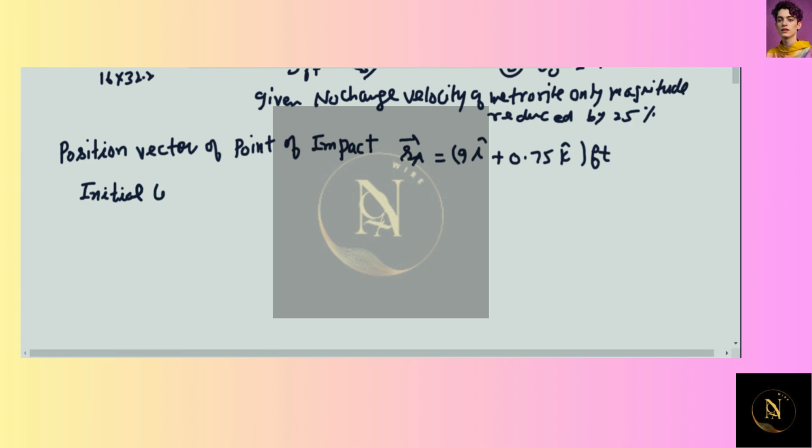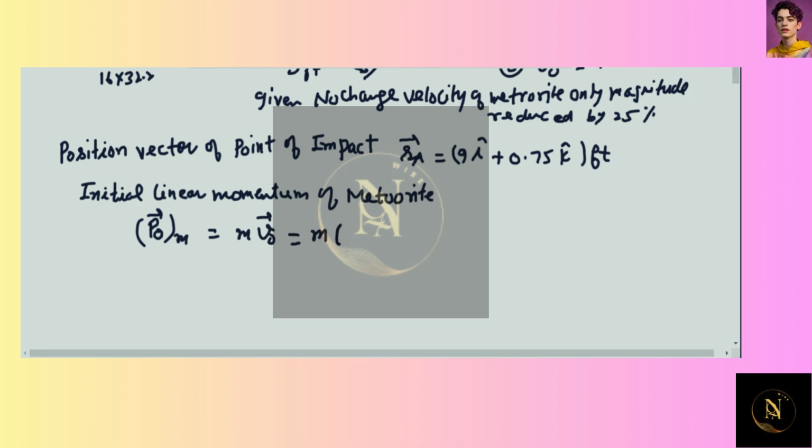Initial linear momentum of the meteorite, P naught of the meteorite, will be m v naught.